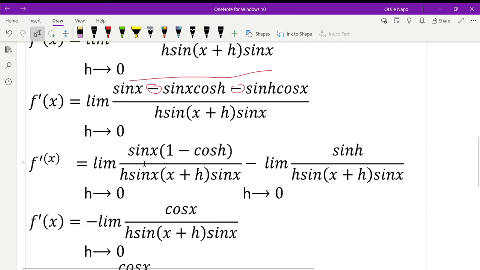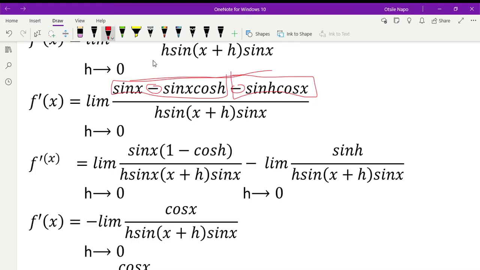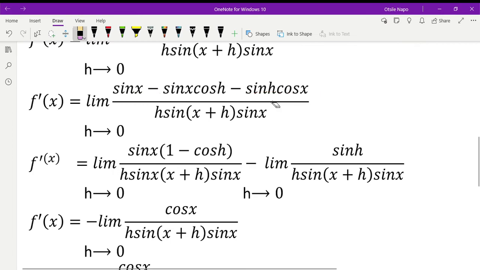Here we decided to arrange the limits so that we took this and divided by our denominator, and we also took this and divided by our denominator as well. So by doing that, we got this.